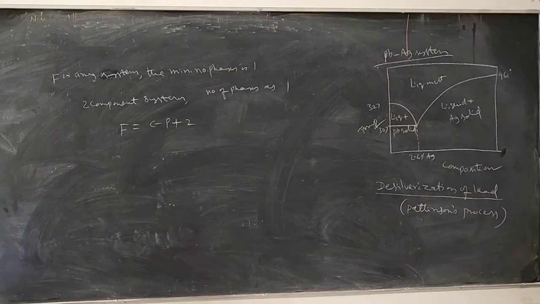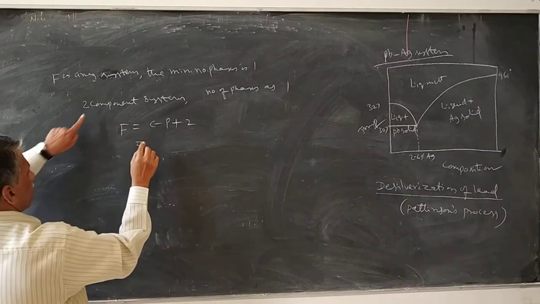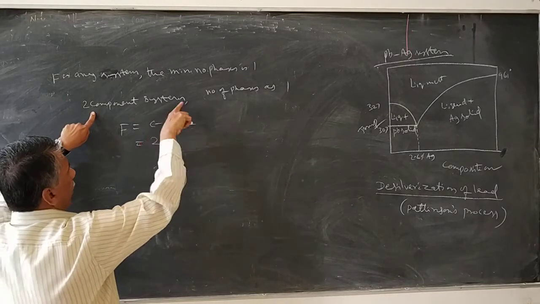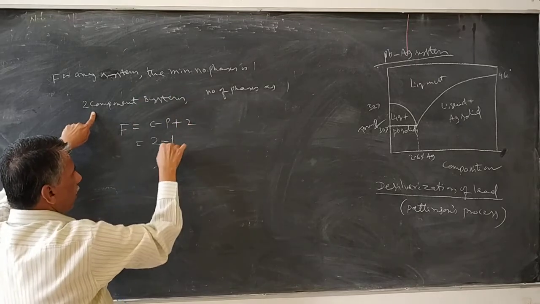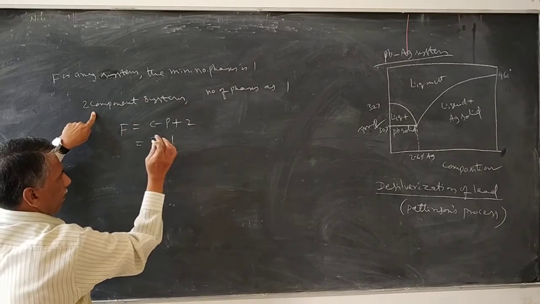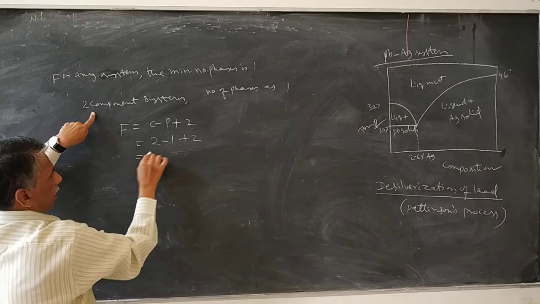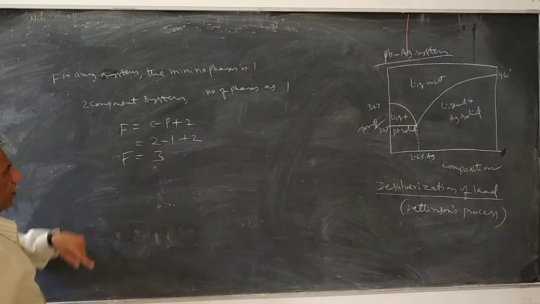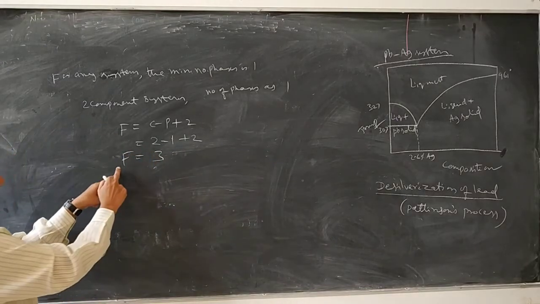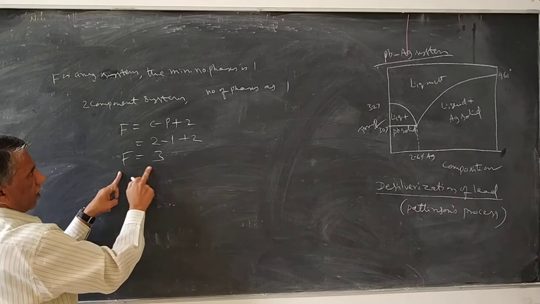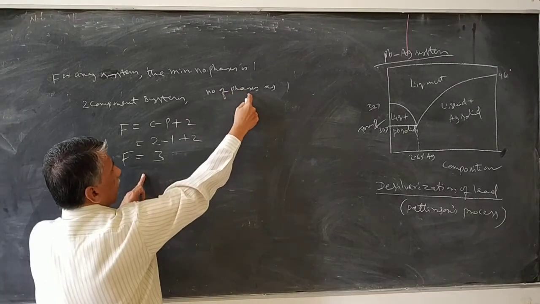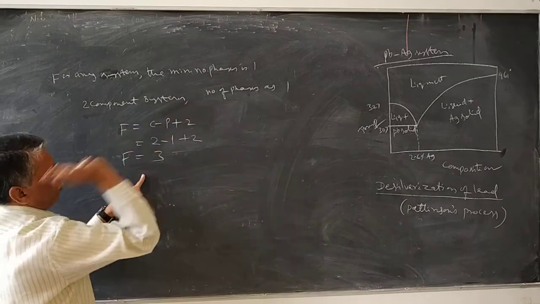This is the phase rule equation, and here I have selected a two component system, and the minimum number of phases for any system is 1. So I have taken the minimum number of phases here. So then this becomes 3. F is equal to 3. That means you require 3 variables to describe this phase for a two component system.